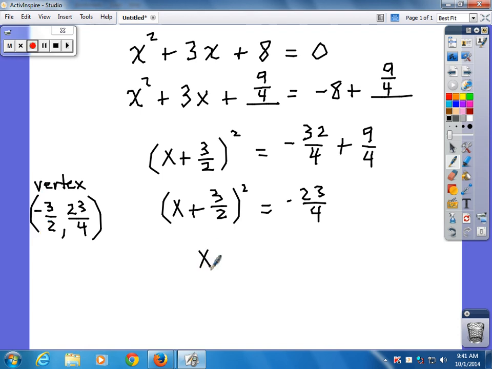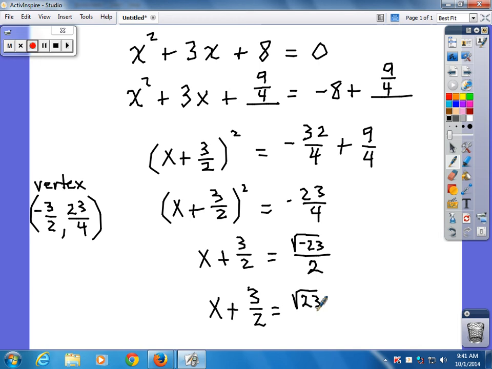So x plus 3 halves is equal to the square root of negative 23 over 2. And that's going to be the square root of 23 with the i in front, over 2.